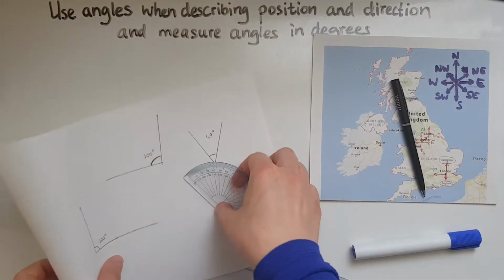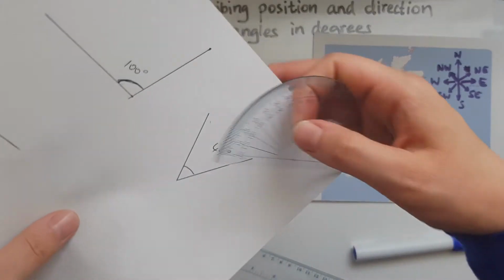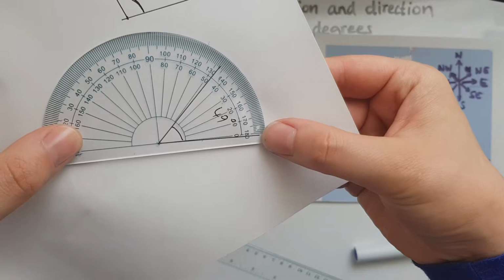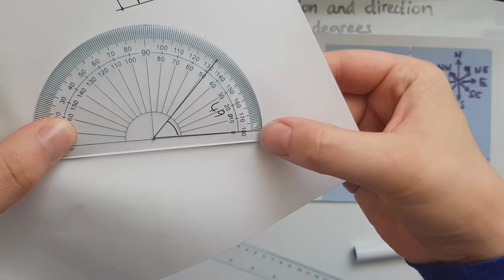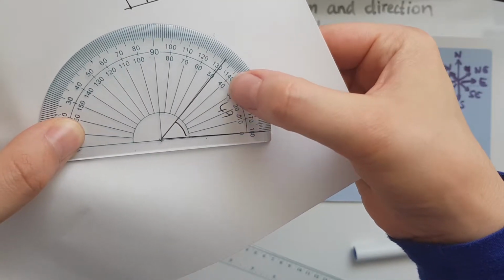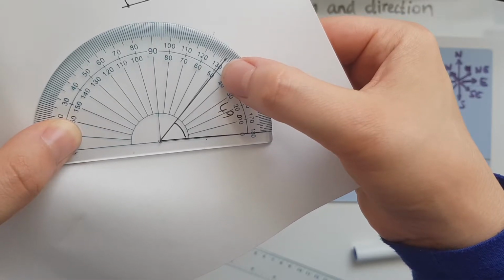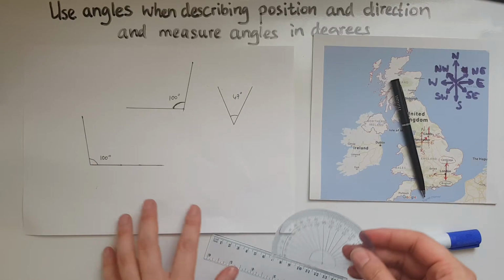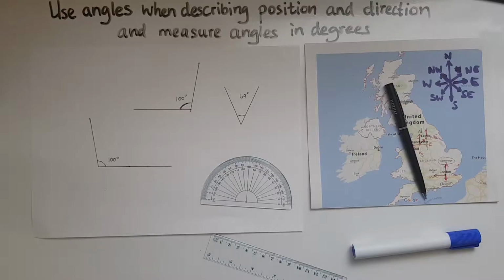Now we'll try and do it on the other side, the same angle. I will align it carefully, start from 0, 10, 20, 30, 40, again not 50 yet, so about 49. So that is 49 degrees.